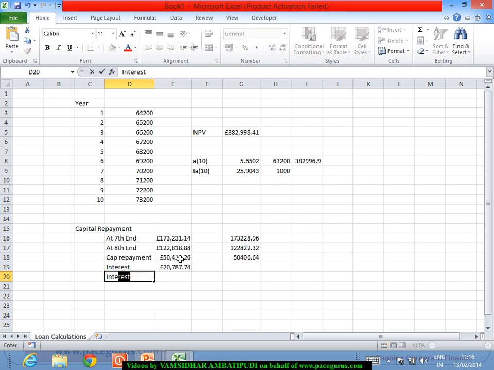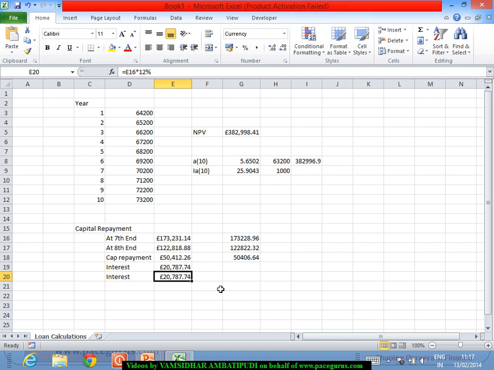The other way I can find out the interest is to take the principal that is outstanding at the end of the seventh year and multiply it by the interest rate, which is 12%. Even this should give you the same number, which is the interest for that particular period.